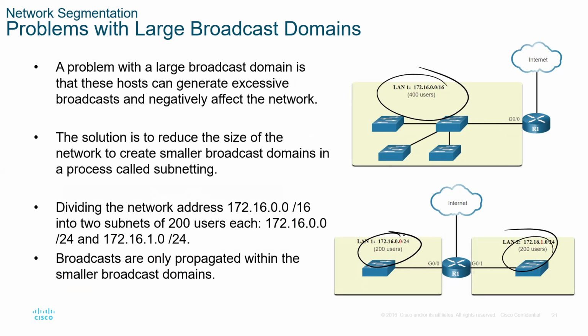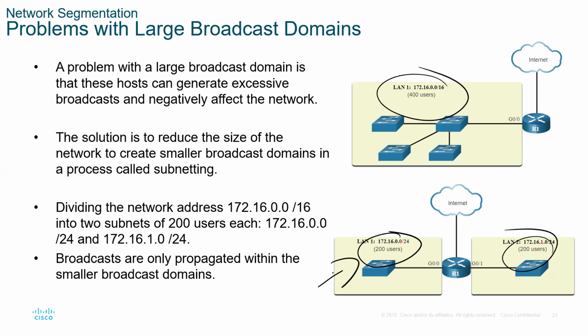By dividing the network into two subnets, broadcasts are only propagated within these smaller broadcast domains. So this is the solution. The problem is excessive broadcasts, excessive traffic, congestion, and slow networks, all because of large broadcast domains. We segment, we divide, we get two different subnets, smaller broadcast domains. So instead of having 400, we now have 200.